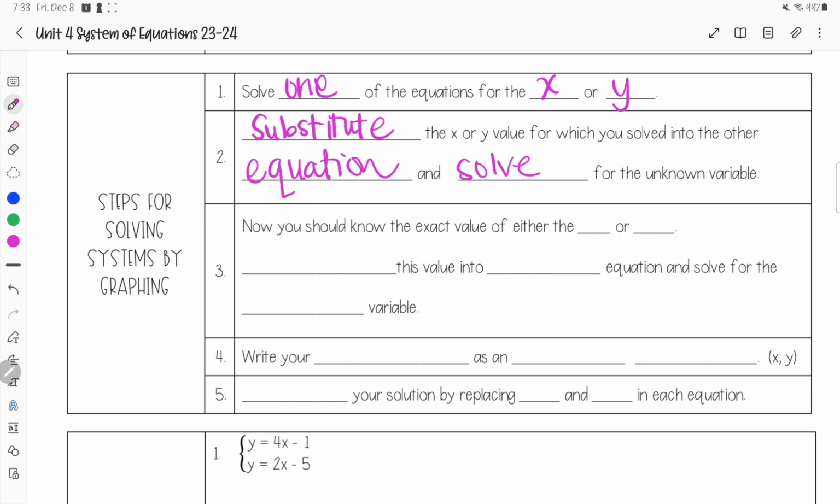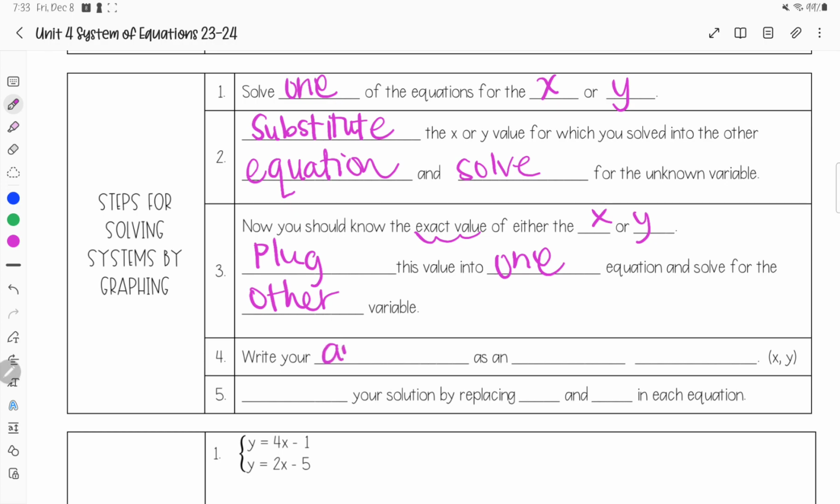Now that you know the exact value for either x or y, you're going to plug that value into one of the equations and solve for the other variable. It sounds confusing, but once you get going, you'll do it. And you'll do this a lot in 9th grade, so you're getting an advantage.